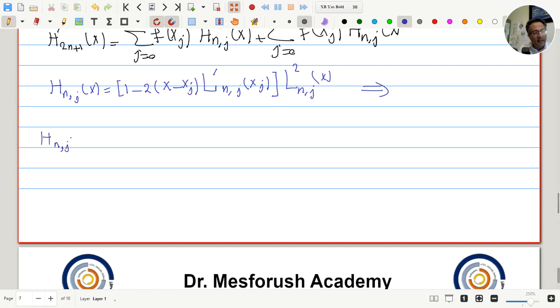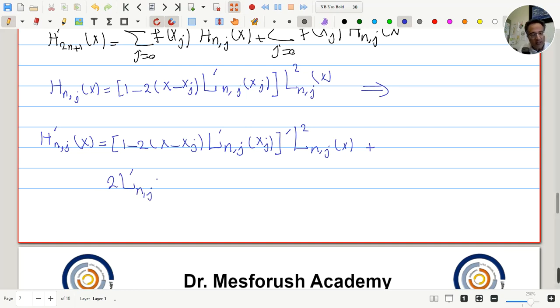Here we will get h'_{n,j}(x) is equal to the derivative of the first part, which means minus 2 times L'_{n,j}(x_j), times L squared_{n,j}(x), plus the second part's derivative times the first part, which will be 2 L'_{n,j}(x) L_{n,j}(x) times (1 minus 2 times (x minus x_j) L'_{n,j}(x_j)).